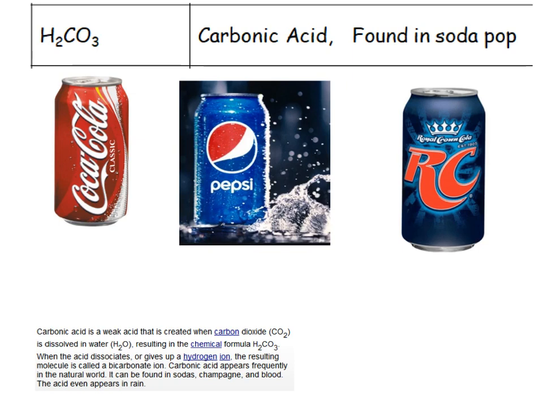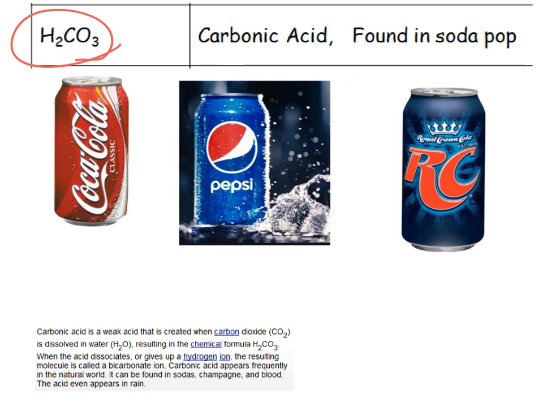The next acid on our list is carbonic acid, which has the formula H2CO3. H2CO3 could also be called hydrogen carbonate. Now, carbonic acid you find in a lot of places, but particularly in soft drinks like Coke and Pepsi and RC Cola. It tends to give the sodas a sour taste because acids somewhat taste sour.